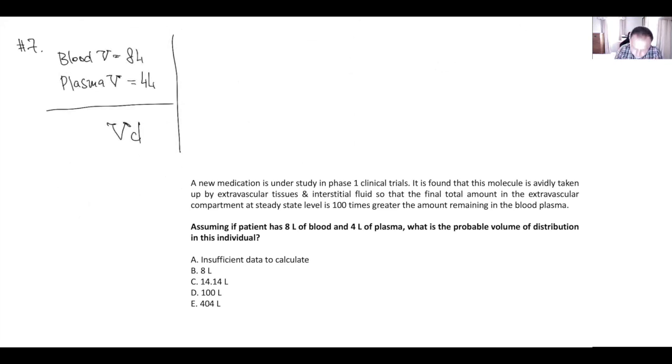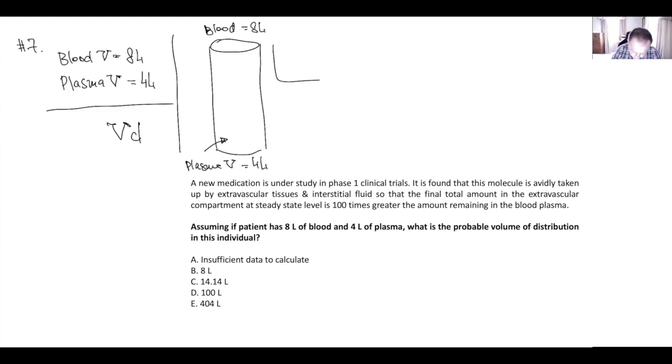Okay, so we have plasma volume and blood volume. Yeah, so we have plasma volume equal to 4 liters and the blood 8 liters. After that, we have concentration of the medication.